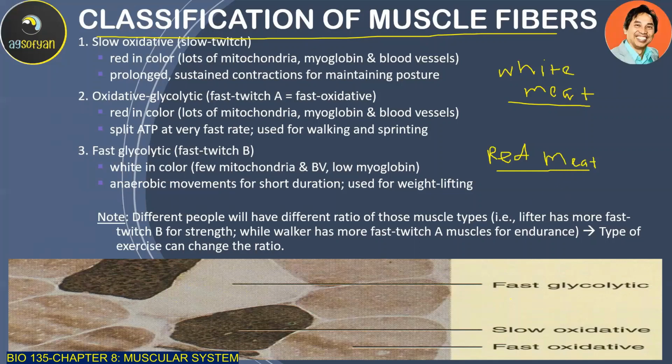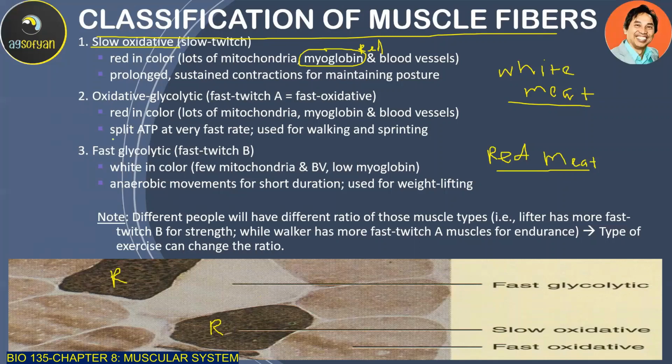Red meat means it has more slow oxidative muscle type. It has a lot of myoglobin, and a lot of myoglobin makes it red. So the cow meat or beef will have a higher ratio of slow oxidative twitch muscle.